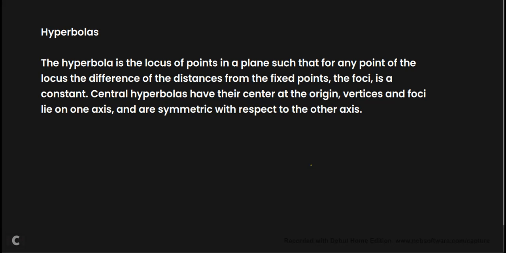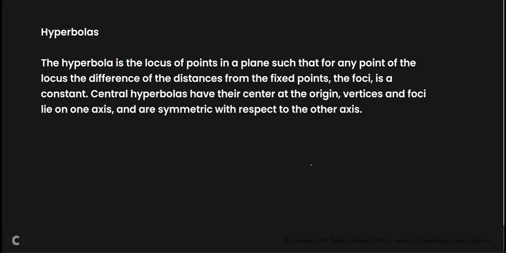So this is what we call hyperbolas. In hyperbolas, it's quite similar to the ellipse, but this one is different. Because this one has the negative, but when we talk about the ellipse, it has the positive. Both of them have the positive.